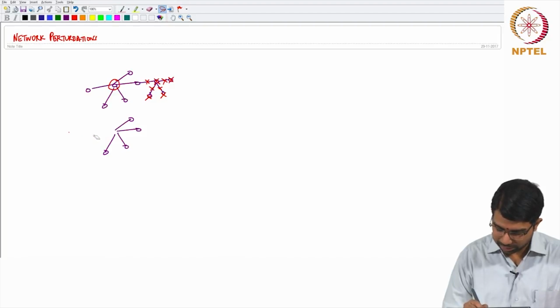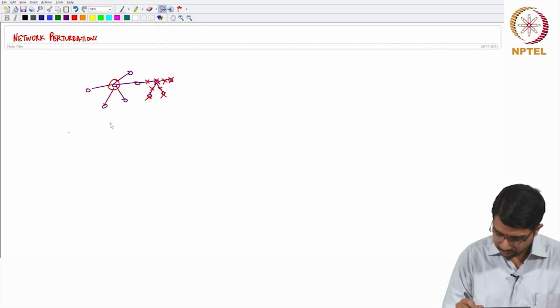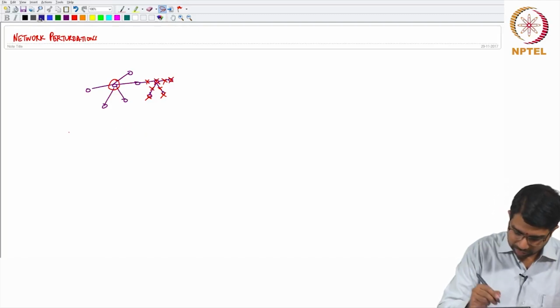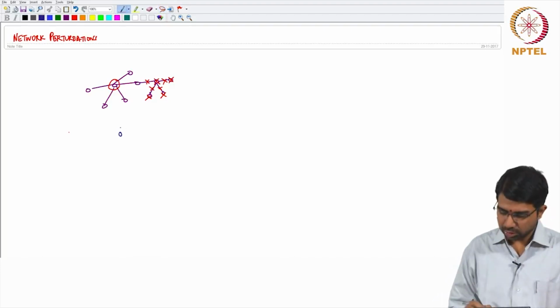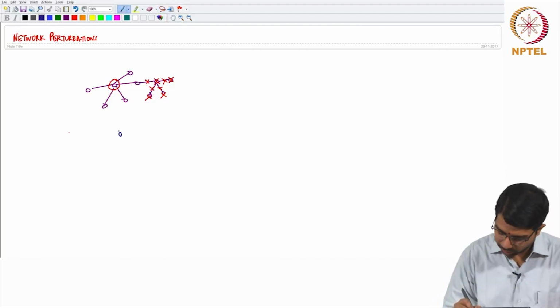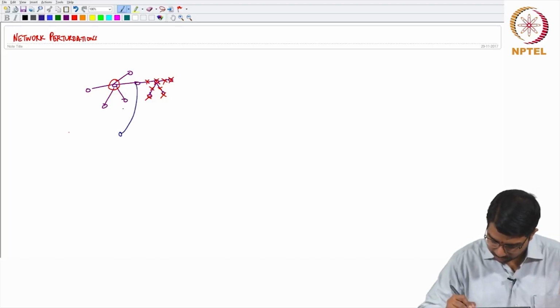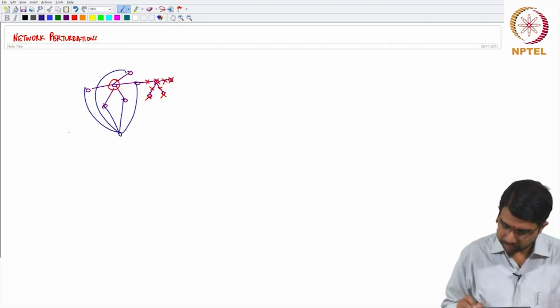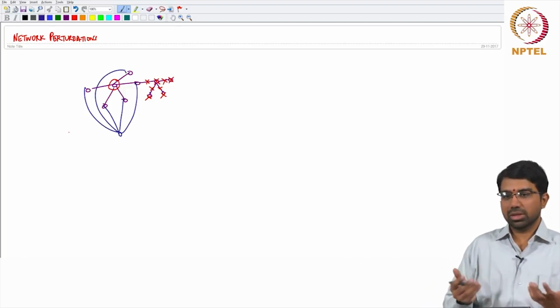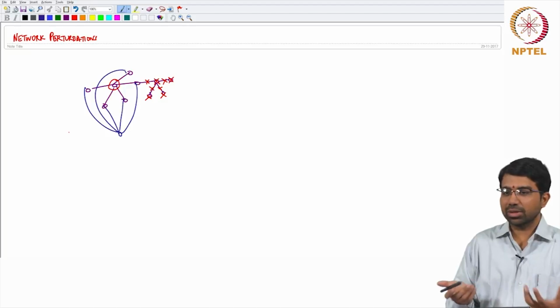So, it is not going to be interacting with these nodes, but in fact it is going to interact with all the previous nodes, right, because it is just a duplicate, it is very likely to interact with that.